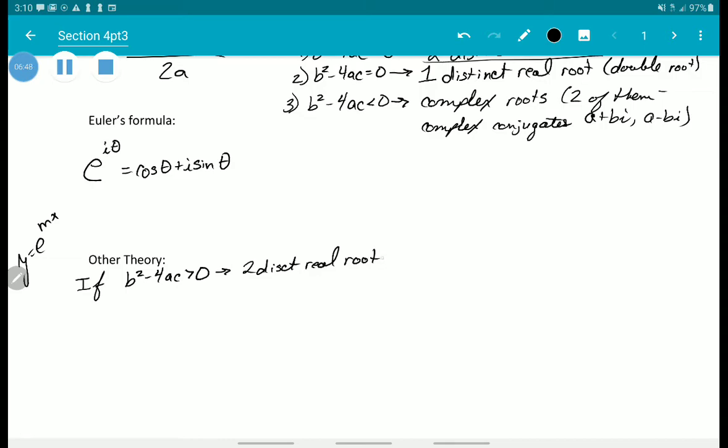They're going to be real. So I'm going to call them m1 and m2. So then our solution would be y equals some constant of integration c1 e to the m1x plus c2 e to the m2x. Those roots end up in the exponent.